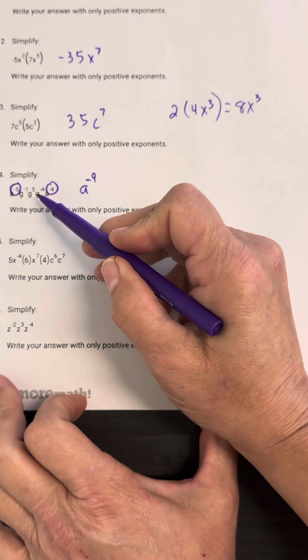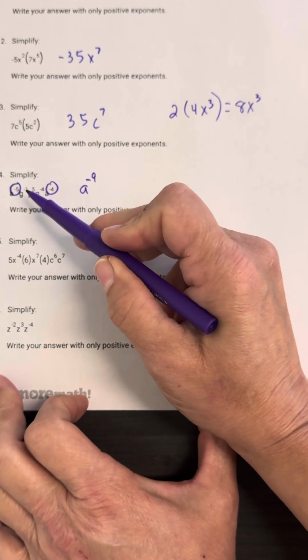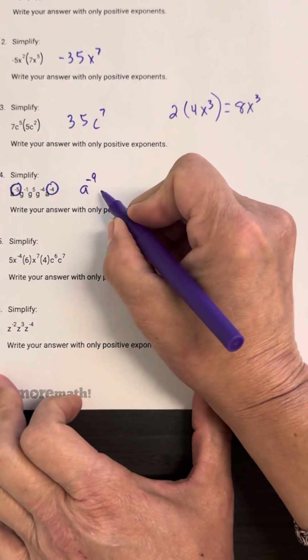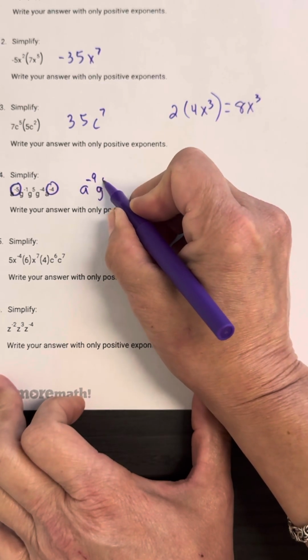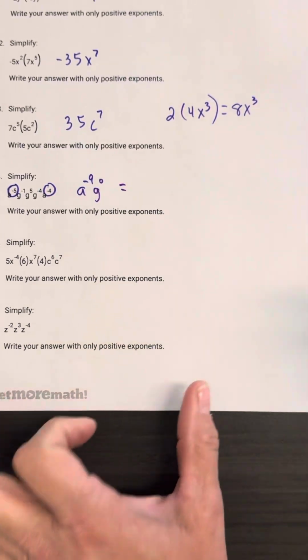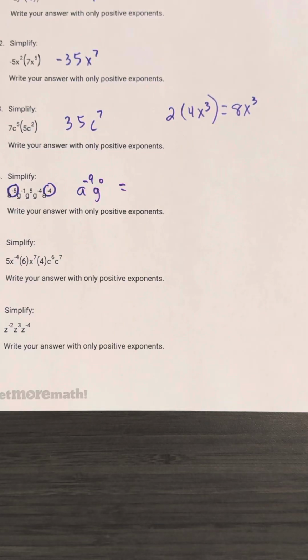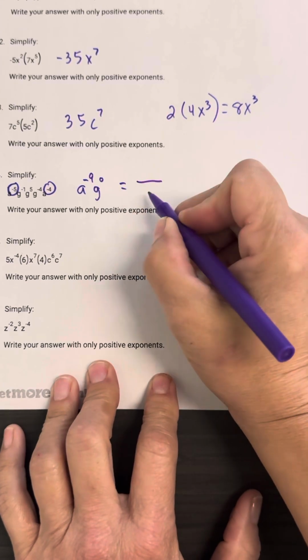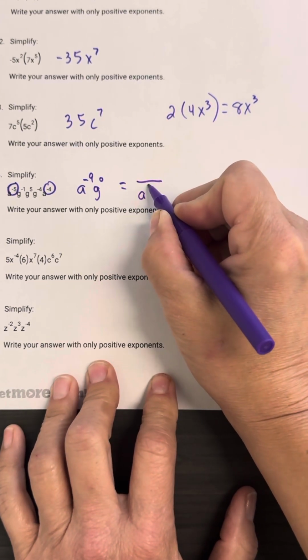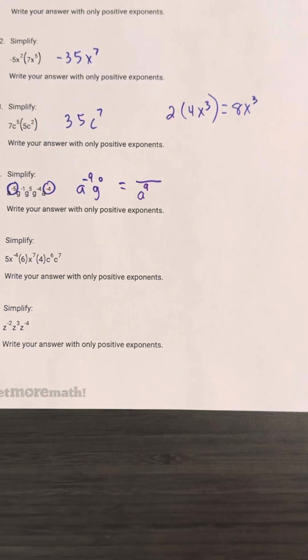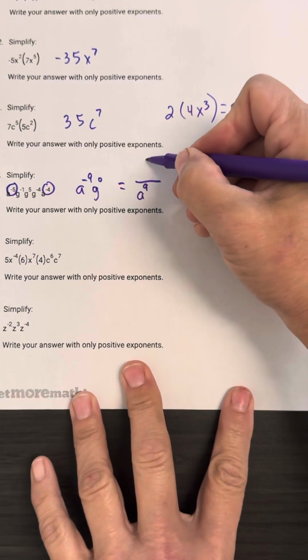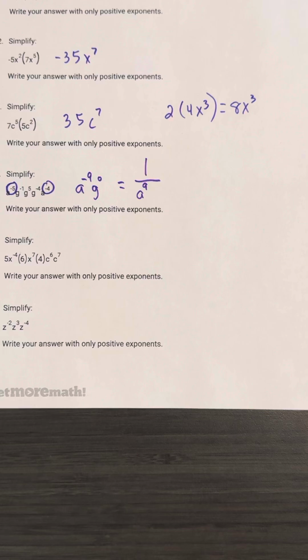And then 5 minus 4 minus 1 give you what? 0. So that would be G to the 0. And so if it's negative on top, what are we supposed to do with it? Take it to the opposite. So opposite being on top is on the bottom. So we're going to put the A to the 9th on the bottom. And anything to the 0 power equals? 1. And so G is gone.